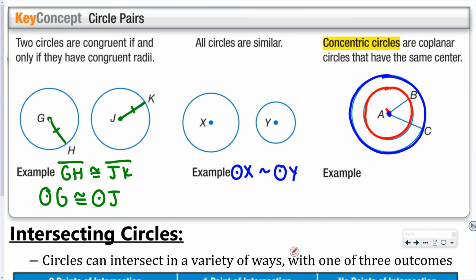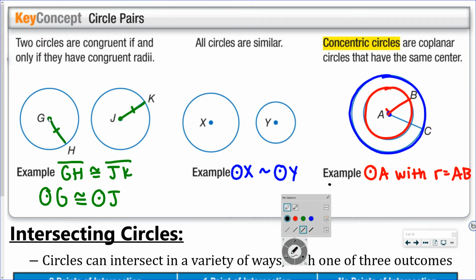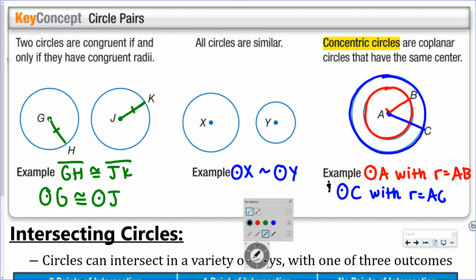So to differentiate this, we'll say circle A with radius AB, and circle C with radius AC are concentric.